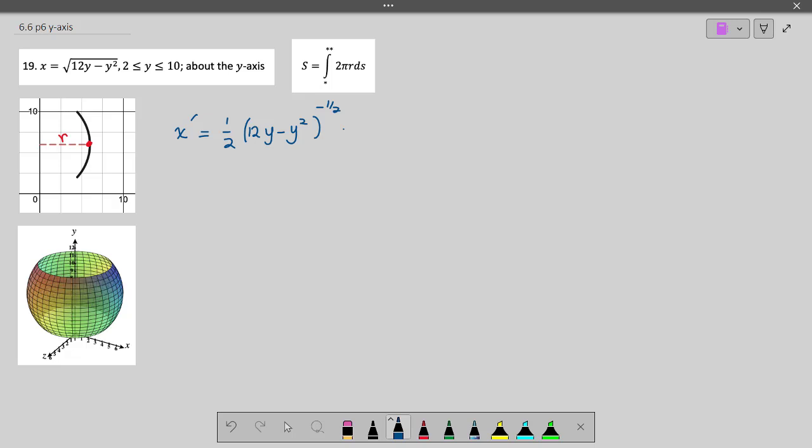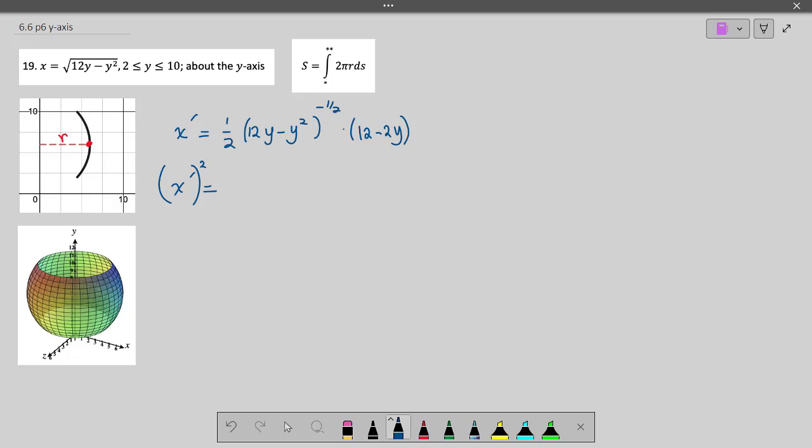Then we multiply by the derivative of the inside here, so that will be 12 minus 2y. And then we need to square that. Maybe it's easier to do that before we stick it inside the big square root, so let's just square it here.